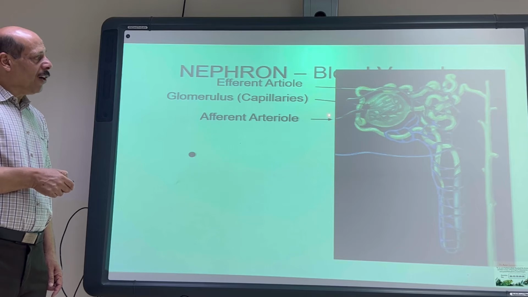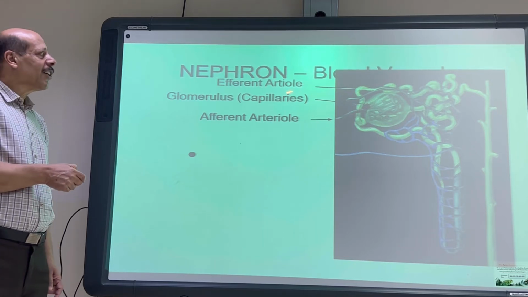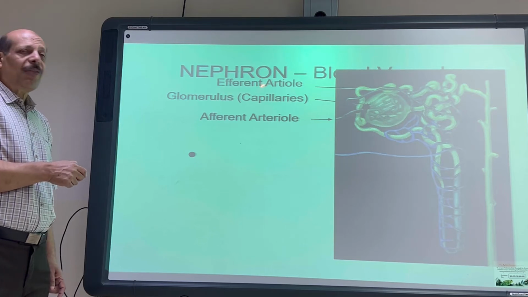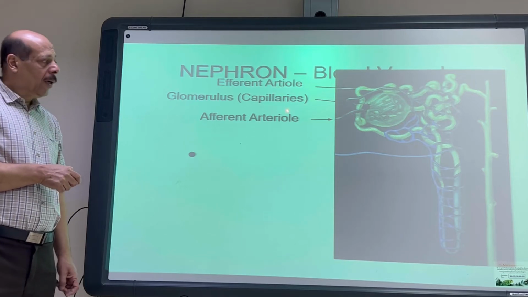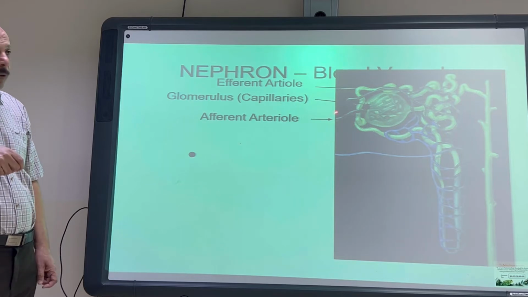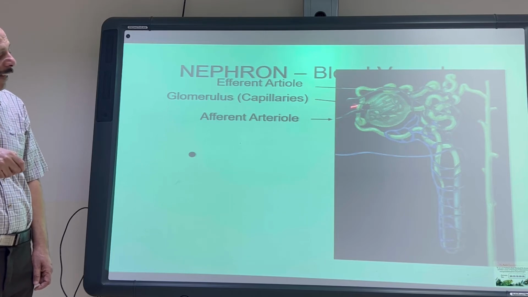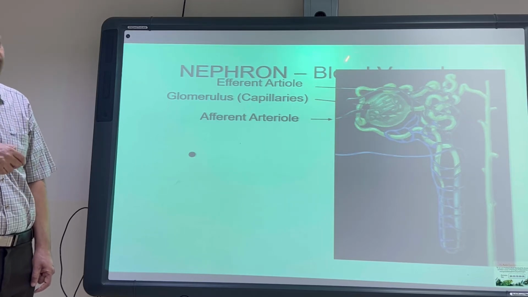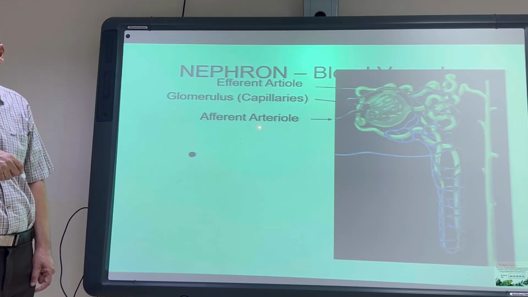The size of the afferent artery is larger than the efferent artery. So it will exert more pressure inside because of this larger artery here, and the blood has to go back through a small efferent artery.